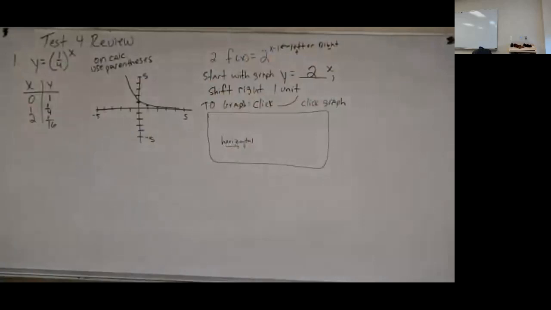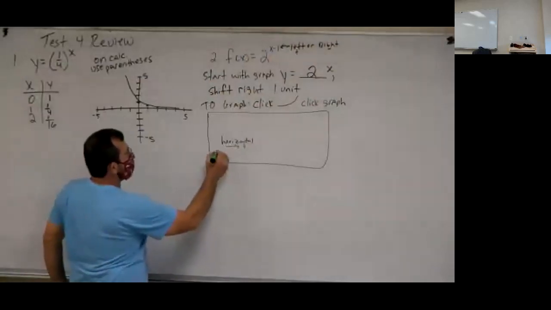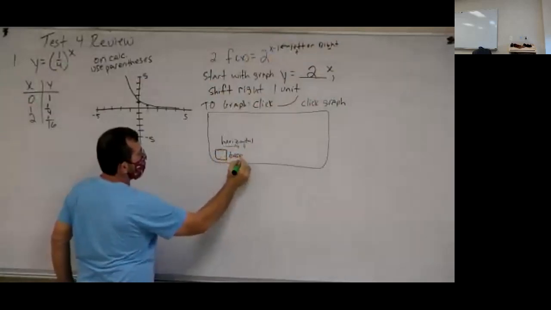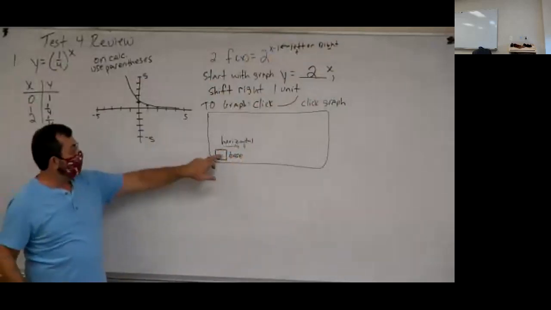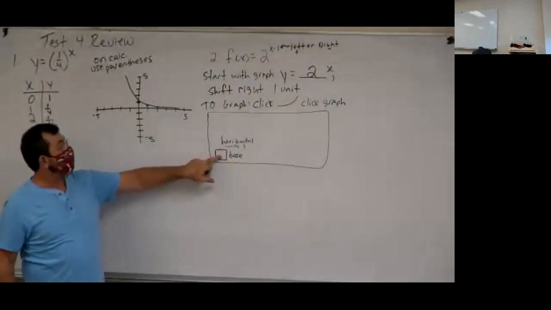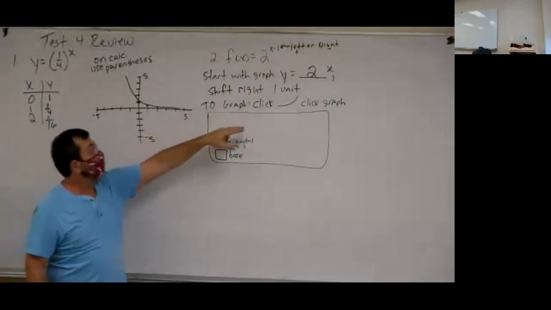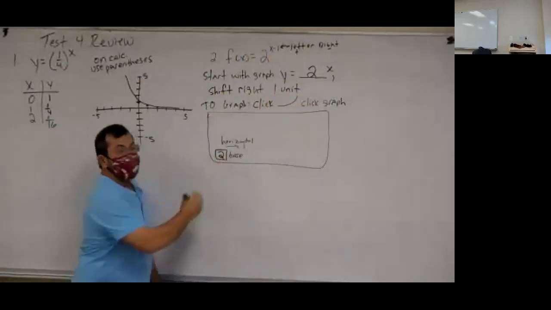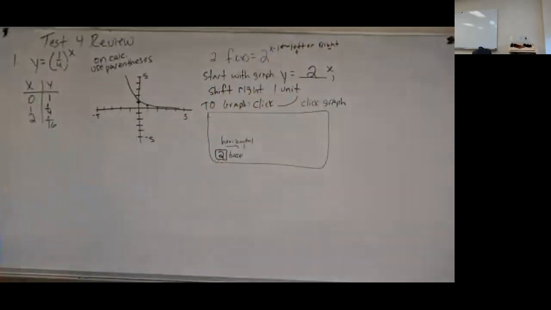But let me tell you, the important thing on this problem, down here in the little corner it'll say base. By default, it has an E here. But that E is not my base. So whatever your base is to 2, you gotta come down here in that box and put that 2 in there. I've had half my students missing that because I'm not changing the base.